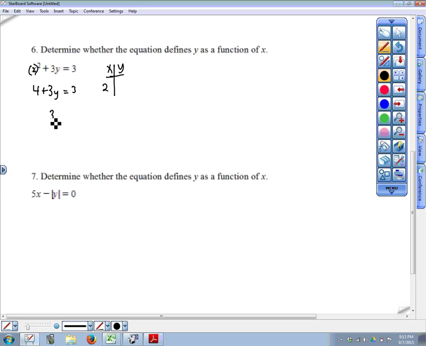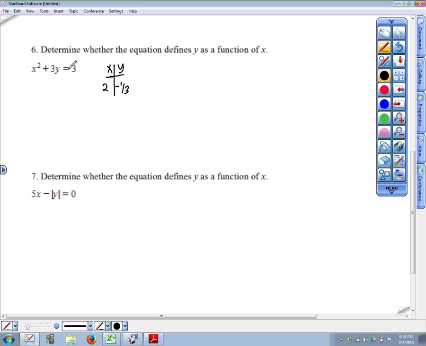Then subtract 4, and then divide by 3. We place one number in for x, we got one number out for y. So, that worked for x equals 2, but there may be some x value for which that doesn't work.